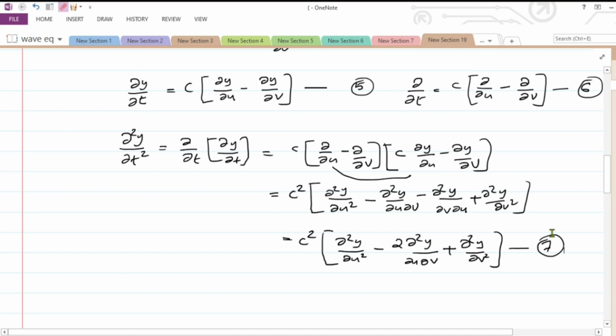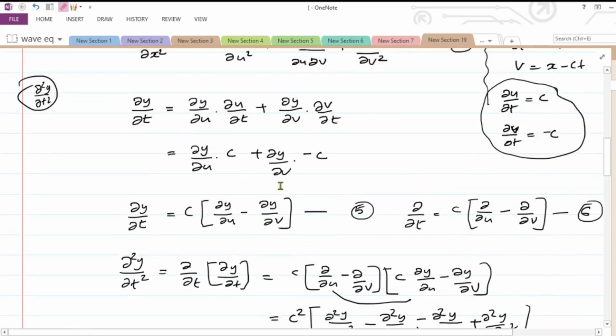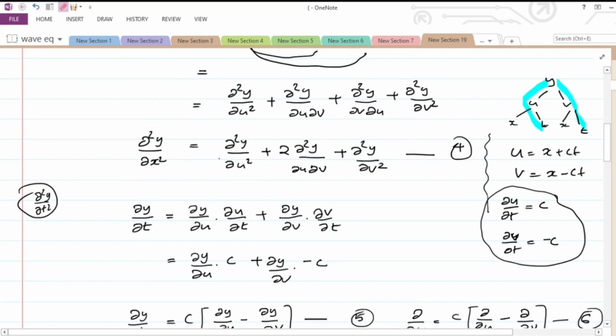Okay, also we have the one dimensional wave equation ∂²y/∂t² is equal to c² into ∂²y/∂x². We already have this term, and from the recent equation number 7 we have this term. So we look at the ∂²y/∂x² term, which we received in the previous step.